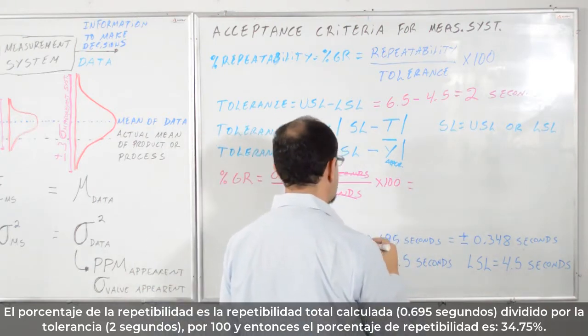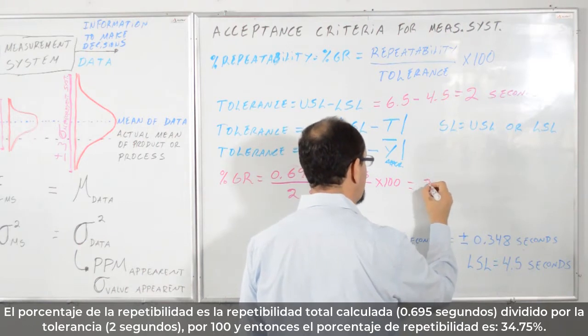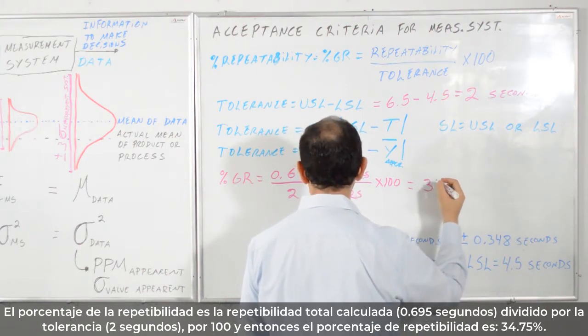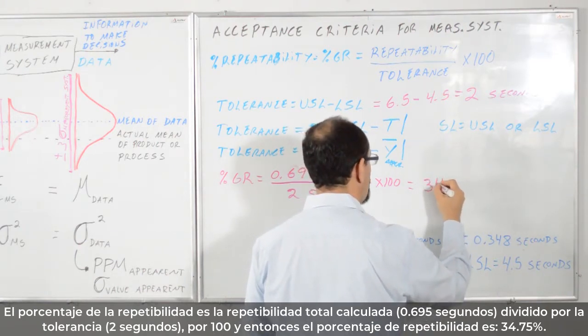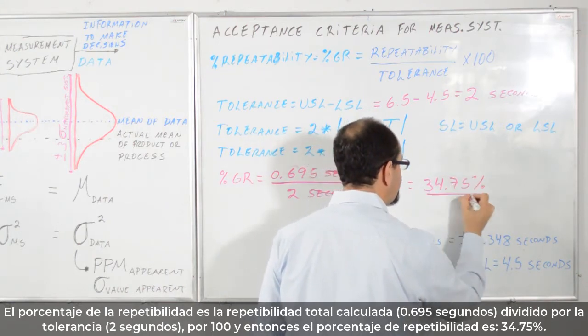Then the percentage of GR&R, of repeatability, is 34.75%.